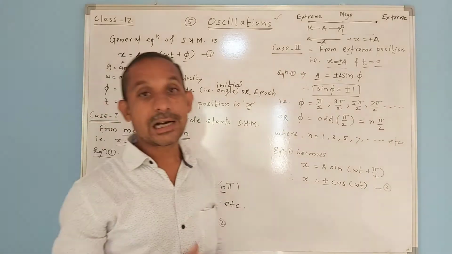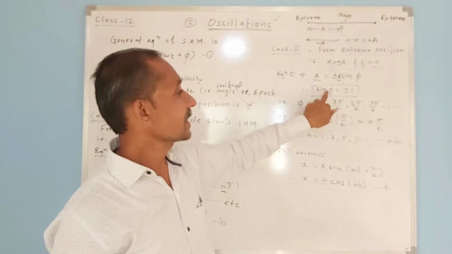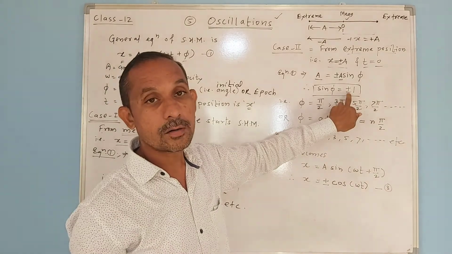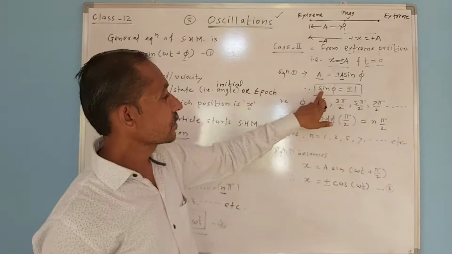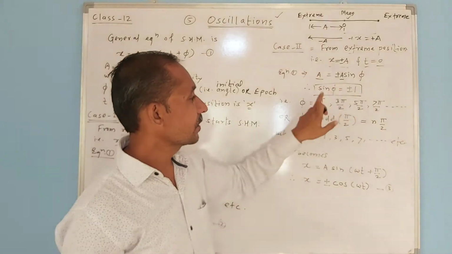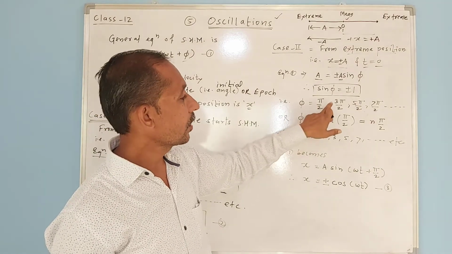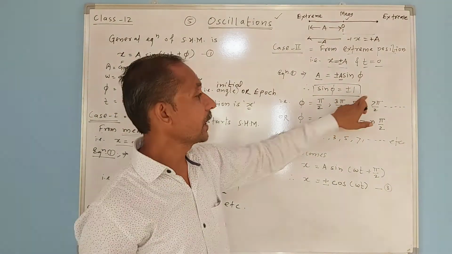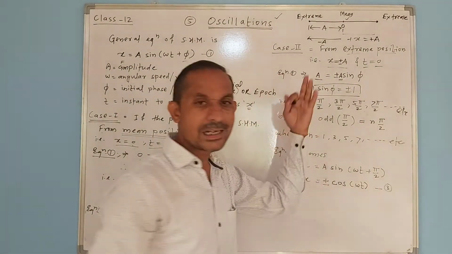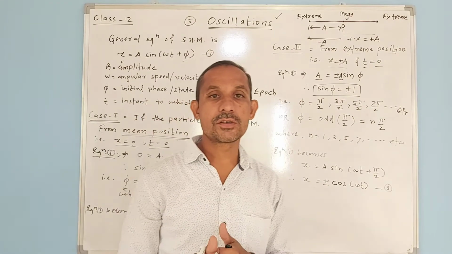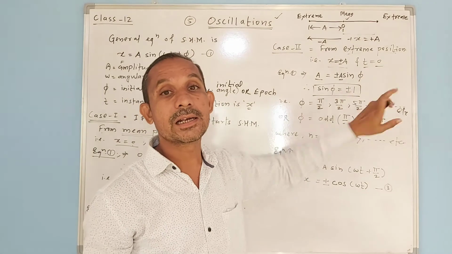When the particle starts its motion from the extreme position, we get this condition: sine of phi is equal to plus or minus 1. So sine of phi equal to plus minus 1 means phi should be pi by 2 or 3 pi by 2 or 5 pi by 2 or 7 pi by 2, etc. These are the different angles for which we get the value of plus 1 or minus 1.